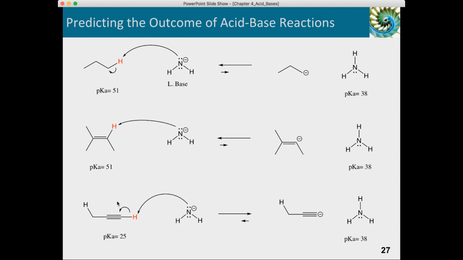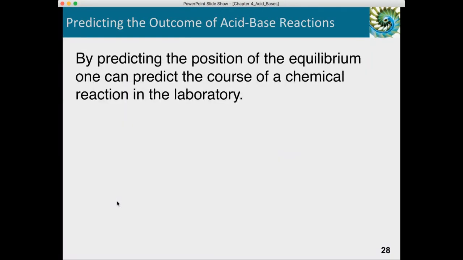This is very important, guys, because by analyzing pKa's of acids and conjugate acids, once again, you can make predictions whether or not some reactions in the lab will proceed successfully. So by predicting the position of an equilibrium, as I just explained, you will be able to predict the course of a chemical reaction in the laboratory.